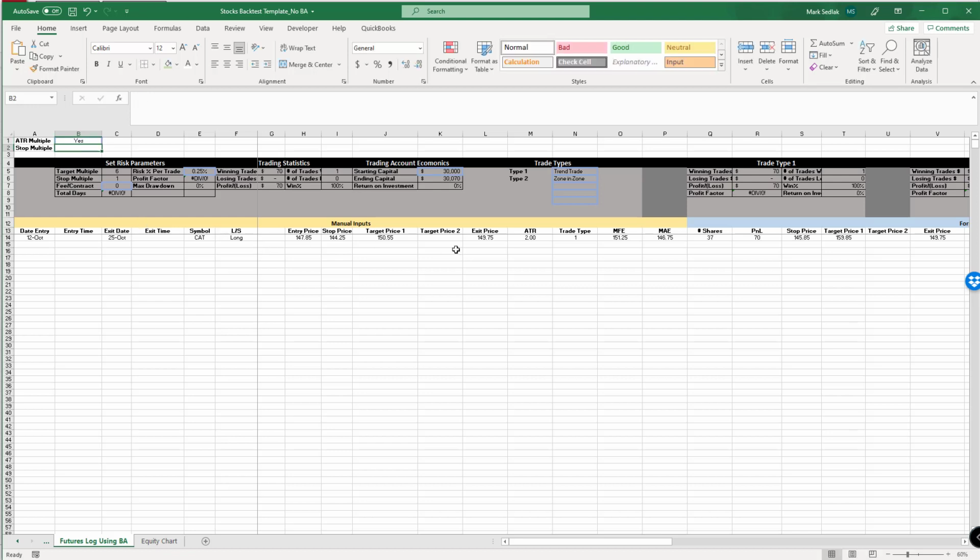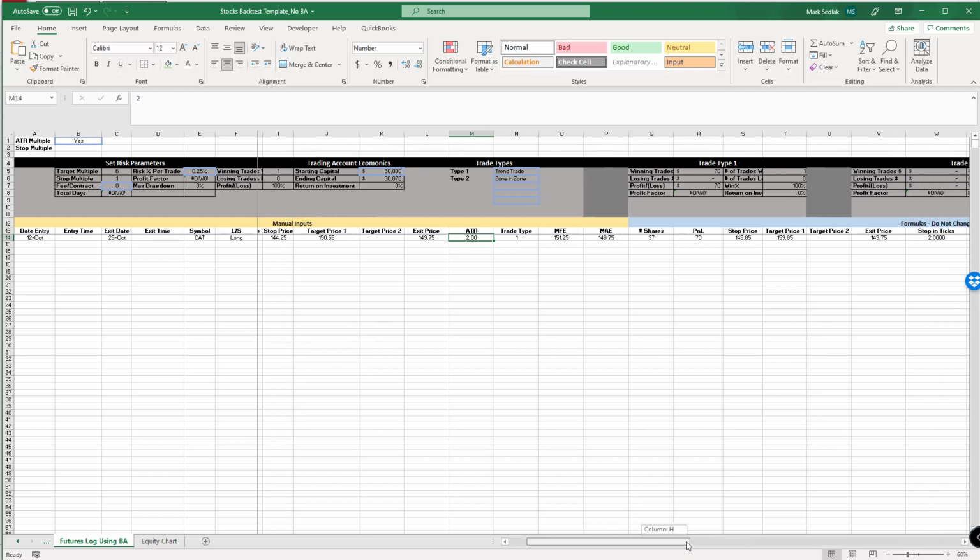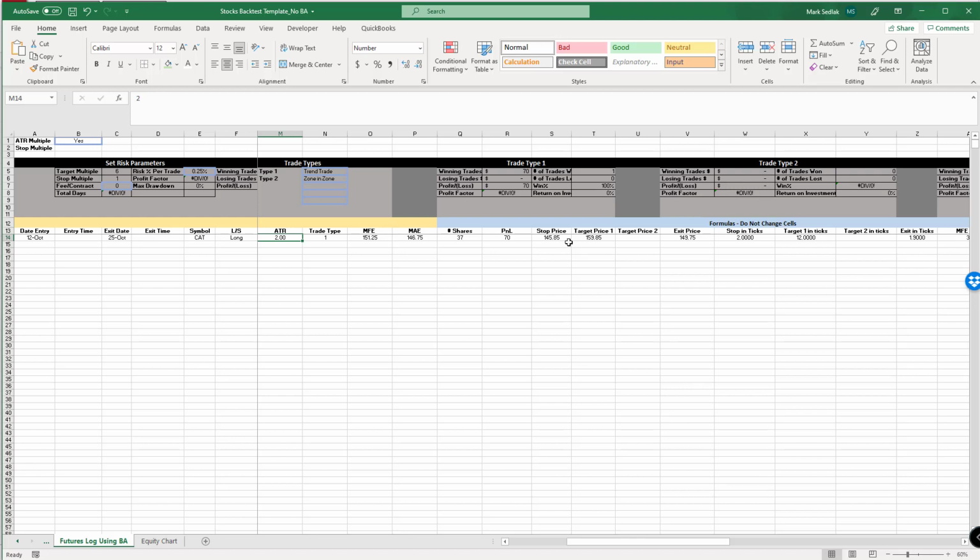What that does is now when you enter ATR, so you're just going to put the ATR value in here, it is going to automatically set your stop and set your target. Now there's only going to be one target, so you don't need to worry about target 2 or the exit price.